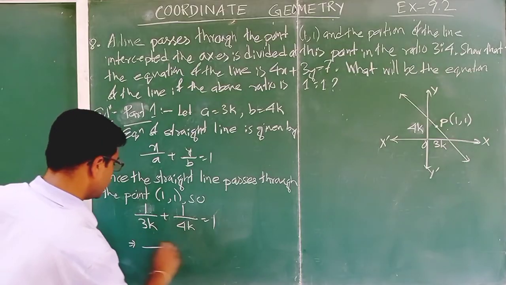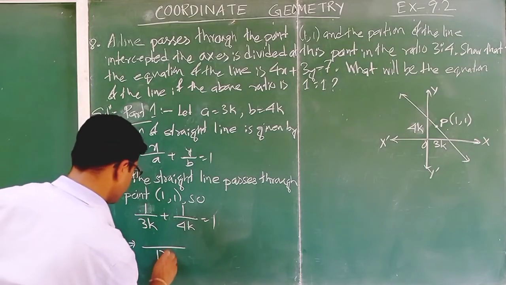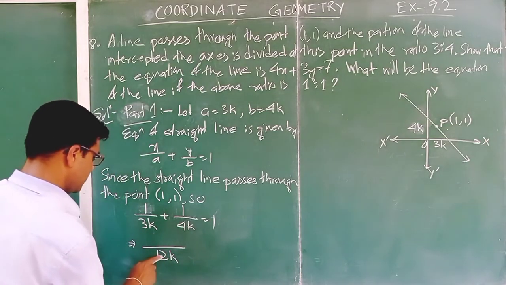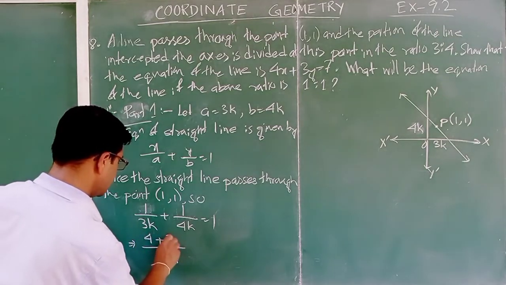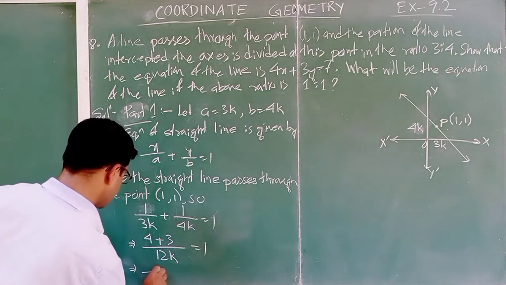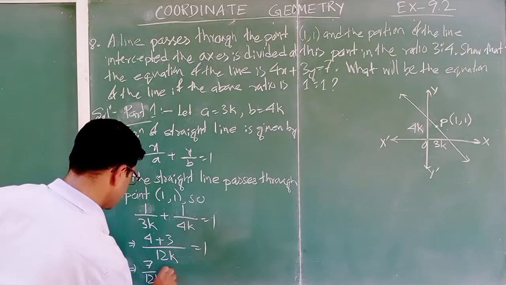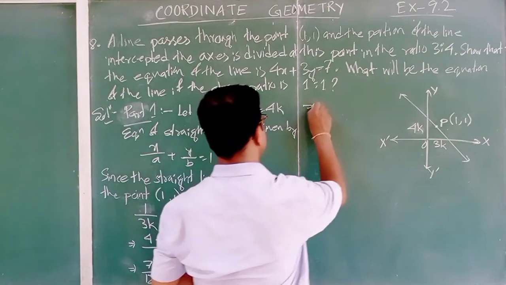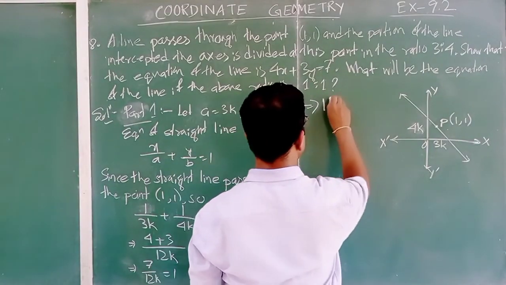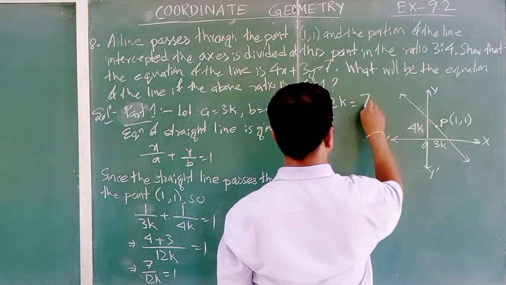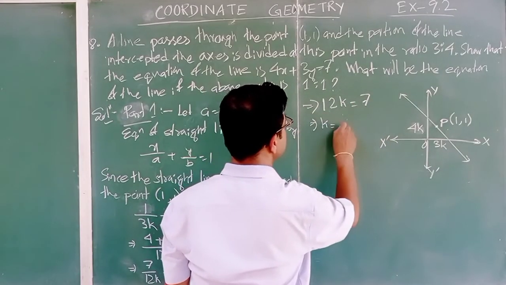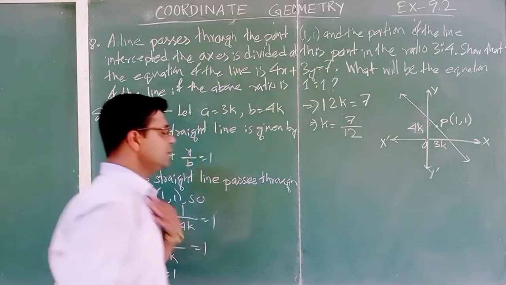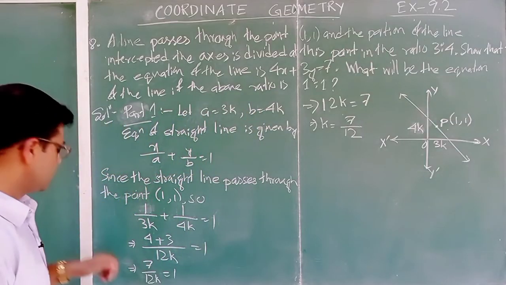Let us simplify. The LCM of 3 and 4 is 12, so 12k. This is 4 plus 3, which is 7 by 12k, equal to 1. Cross multiply, so 12k = 7, so k = 7/12. We have got the value of k.